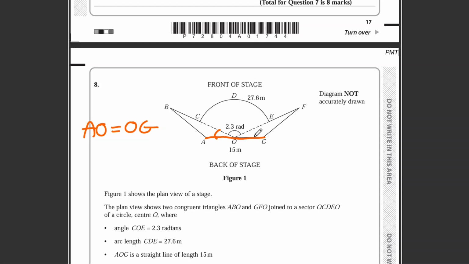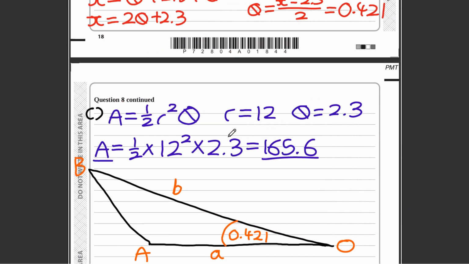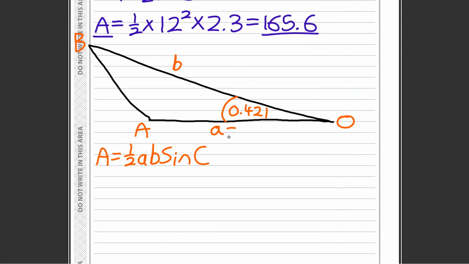So if AOG, the whole thing together, is 15 meters, AO and OG are both going to be 7.5 meters because 7.5 times 2 is 15. So this is 7.5 and this is 7.5. We can add this to our diagram that a is equal to 7.5.